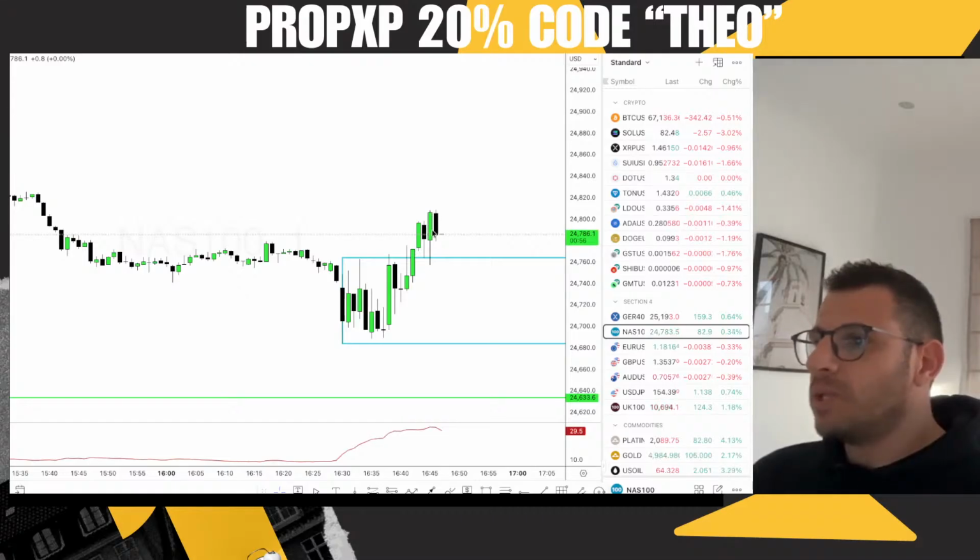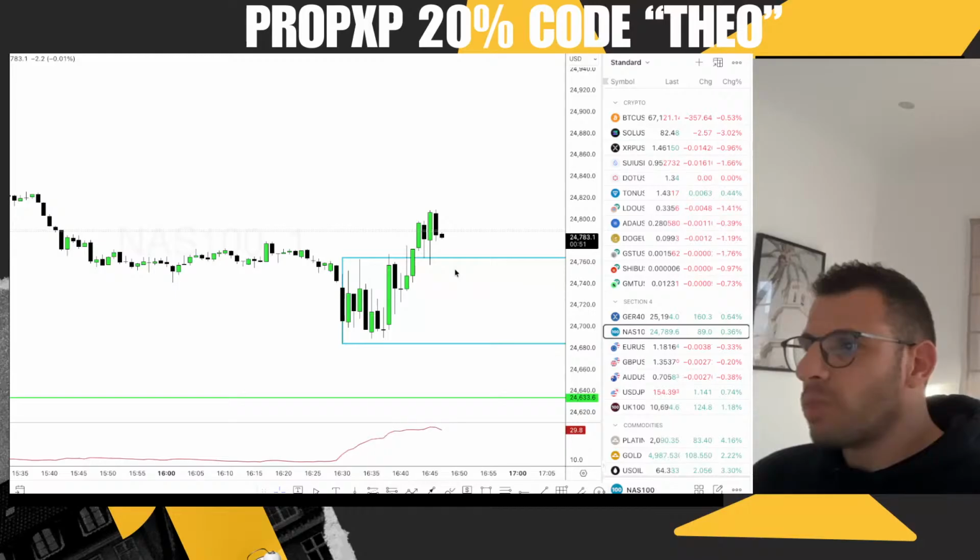So first candle didn't close, didn't follow through. Let's see what's going to happen now.